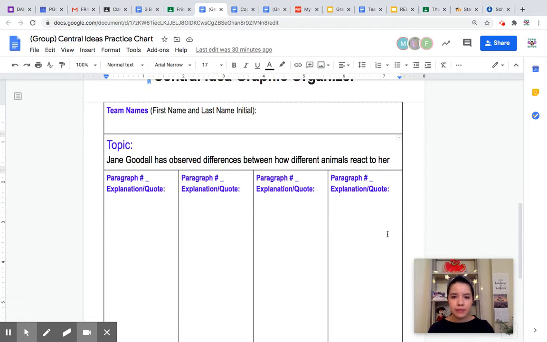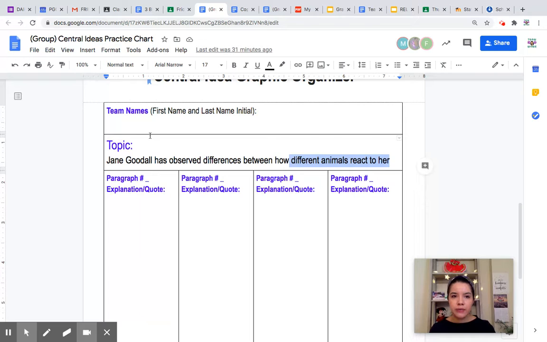So as a team, you needed to work together to find me at least 4 paragraphs where we see examples of different animals having different reactions. So maybe one kind of animal ran away from her, but another kind of animal let her get food from her hand, right? So you want to find me examples, write down the paragraph number and what happened in that paragraph that shows you that animals reacted in different ways to Jane Goodall.